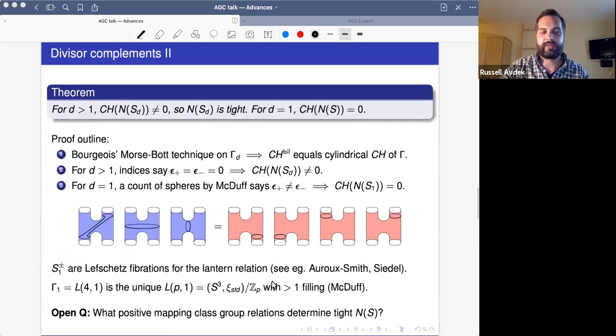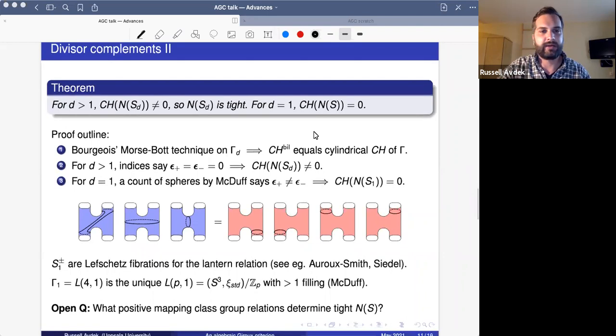And so the theorem is that when d is bigger than 1, the contact homology of our neighborhood of our hypersurface is not 0, so that these neighborhoods are tight. And for d equal to 1, the contact homology does vanish. And I have no idea if these things are tight or not, for this d equal to 1 case.